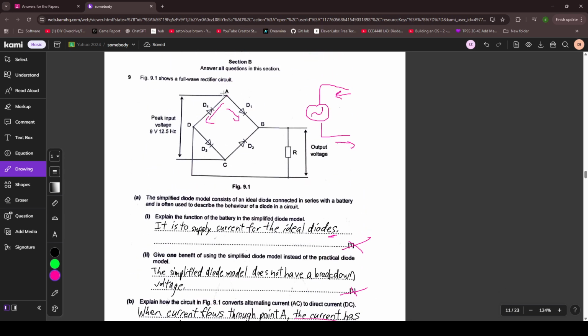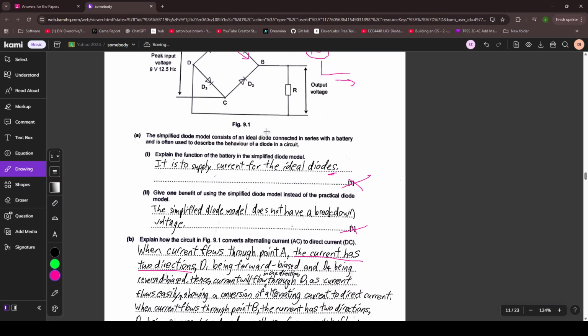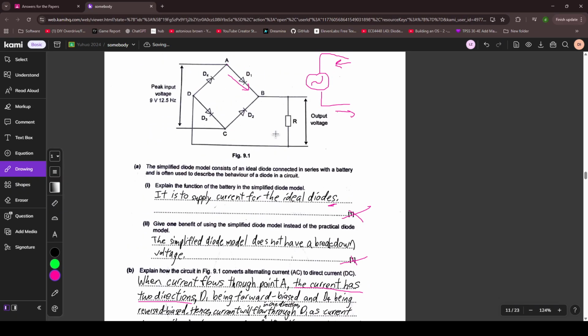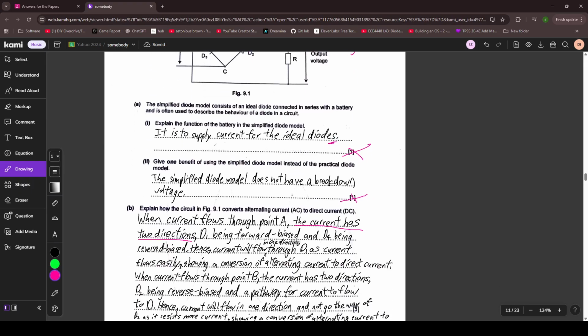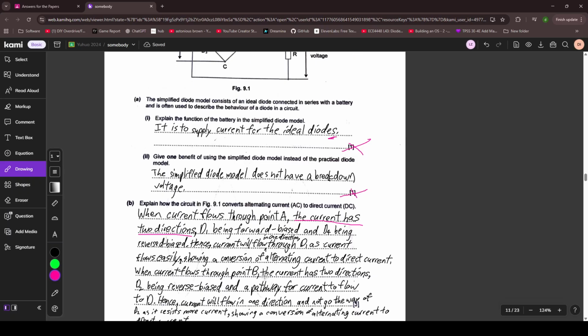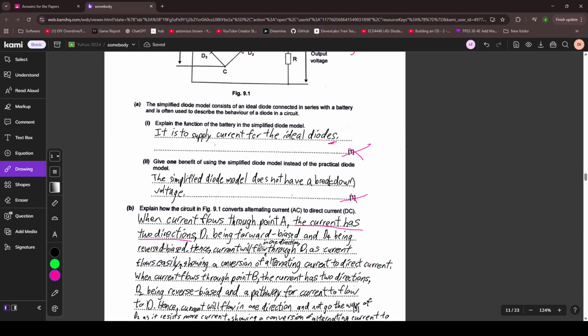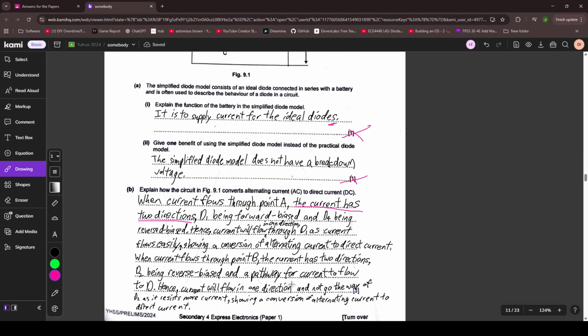But because this is in reverse bias, this is in forward bias, therefore, it goes here. Okay, I see what you mean now. So it will flow in one direction through D1 as current flows easily, showing a conversion of alternating current to DC.